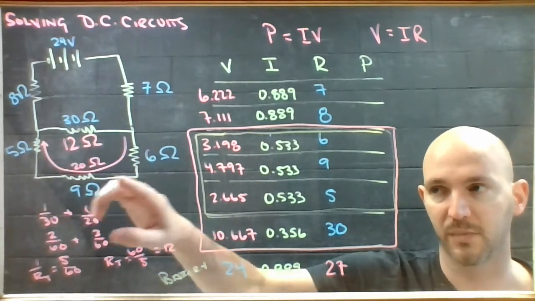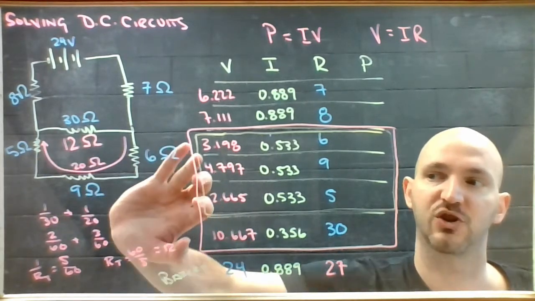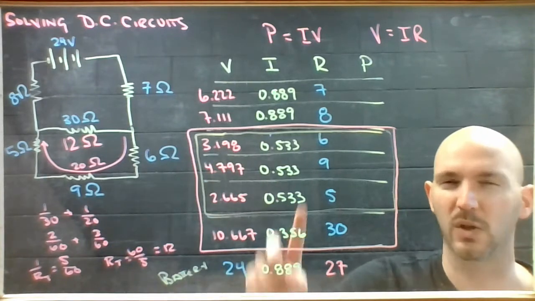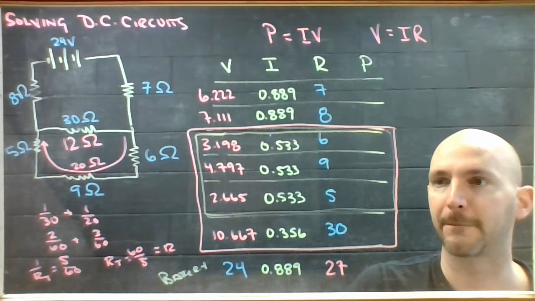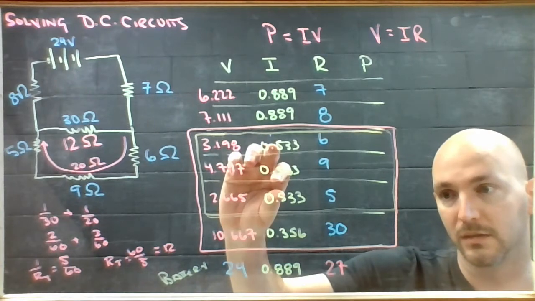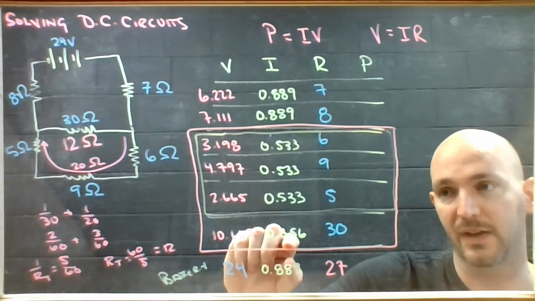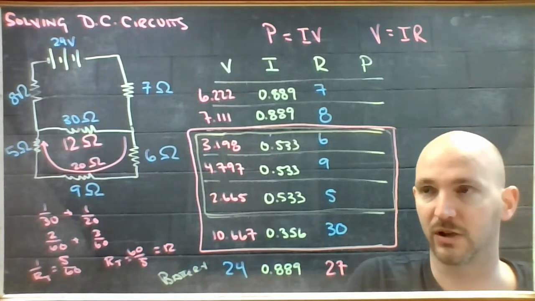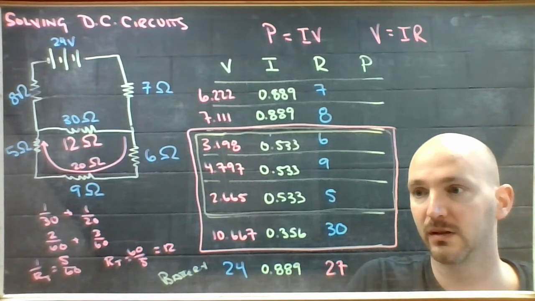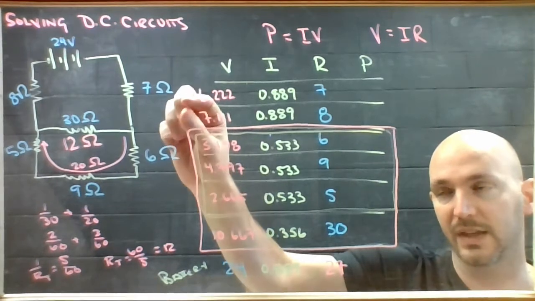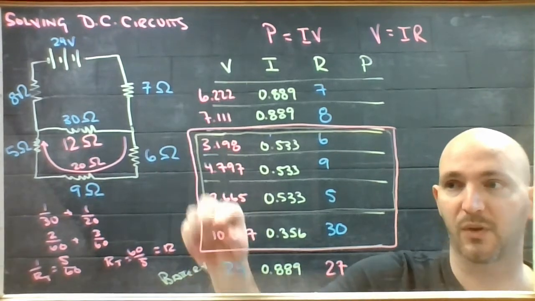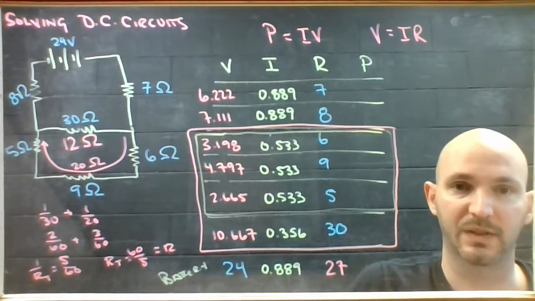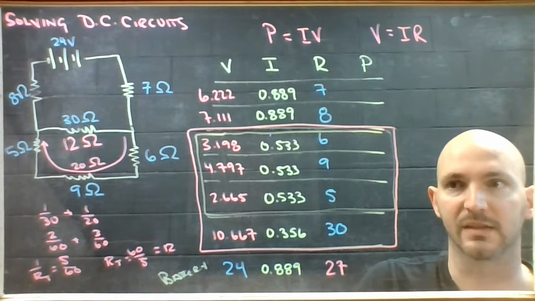On this branch, that 10.67 was shared over three components, but it's all accounted for. These two currents, 0.356 and 0.533, that's where the branch was, add up to the total current that was going through. And these two things, plus either this branch or this branch, add up to 24. So it's all nice and internally consistent.